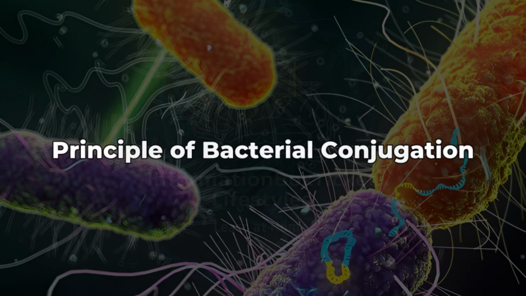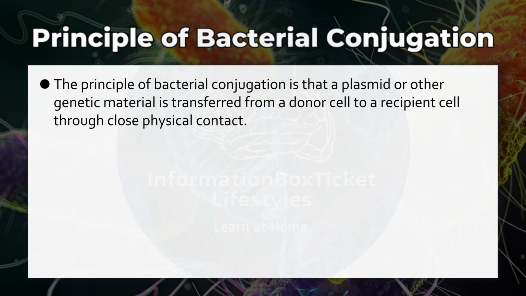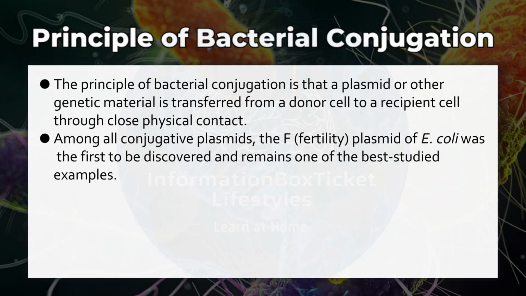Principle of bacterial conjugation. The principle of bacterial conjugation is that a plasmid or other genetic material is transferred from a donor cell to a recipient cell through close physical contact. Among all conjugative plasmids, the F, fertility plasmid of Escherichia coli was the first to be discovered and remains one of the best studied examples.